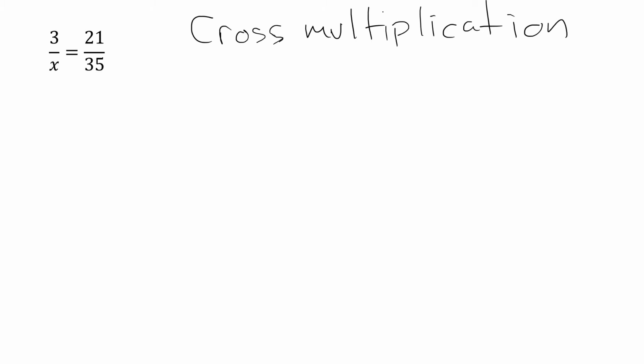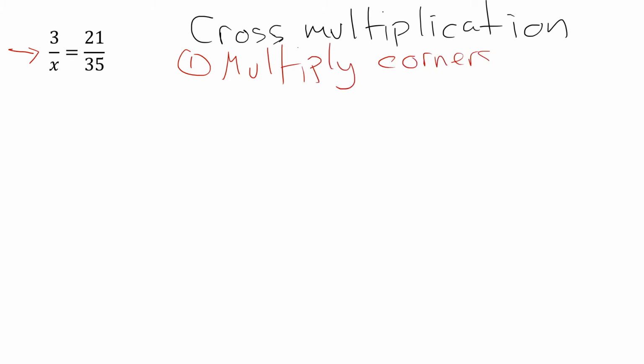Okay, cross multiplication. Let's look at our problem over here. We've got 3 over x equals 21 over 35. Cross multiplying is a 3-step procedure. Our first step is going to be multiply your corners, just like we saw in the last slide, and set them equal to each other.